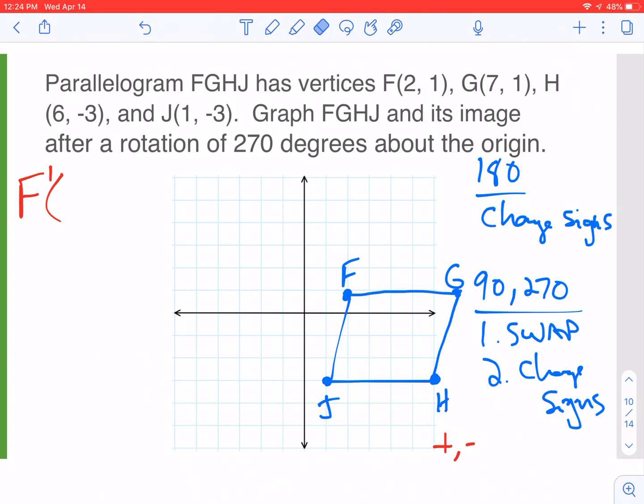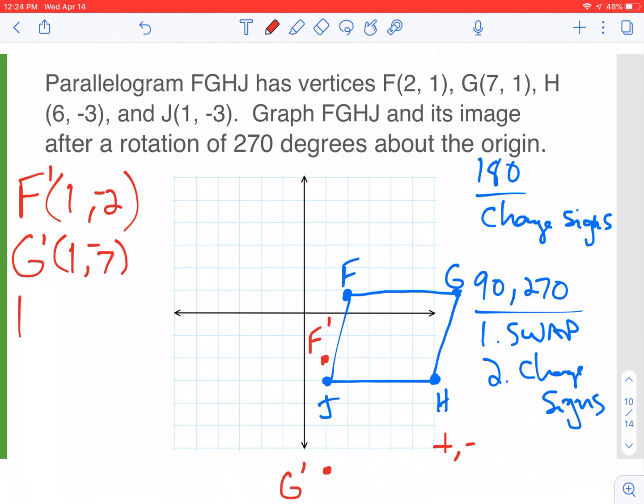First, I'm going to swap 1, comma, 2, and the first point is going to be positive, second will be negative. So we have a 1, -2. There's F prime. Then we're going to do the same thing with G prime. I'm going to swap my points, 1, comma, 7, but now I make the second one negative. So that's going to be down here, G prime.